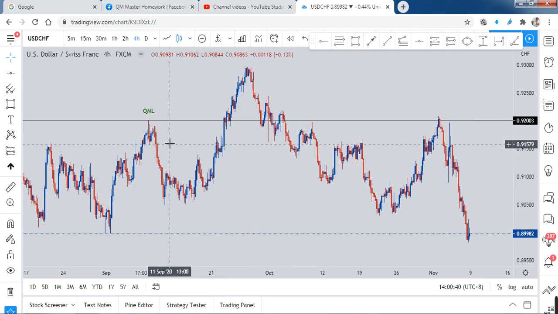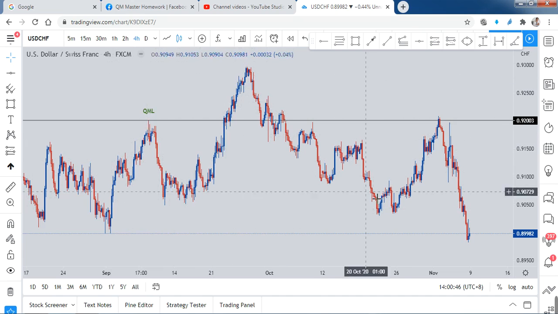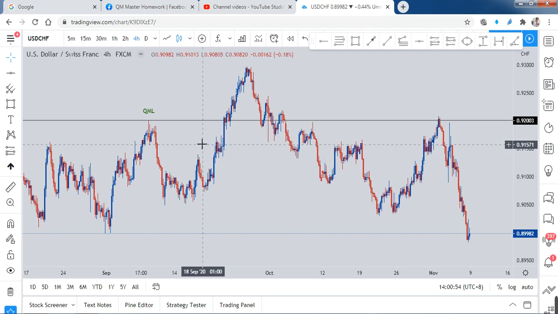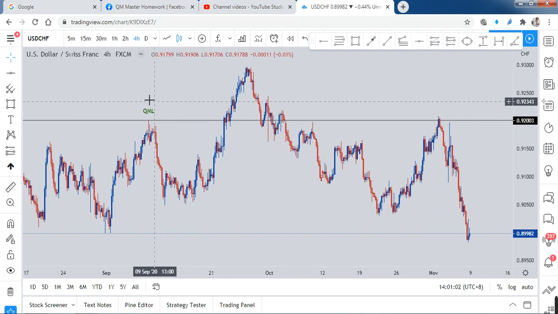QML is just a name for you to analyze with. It's just a signal telling that the trend is going down. Don't trade at the QML level. If you want to trade at it, it's at your own risk, but you need to do a precise analysis and know where your real entry is. So QML, I'll say again, is just a signal for reversal.